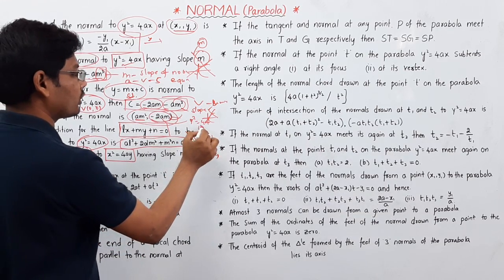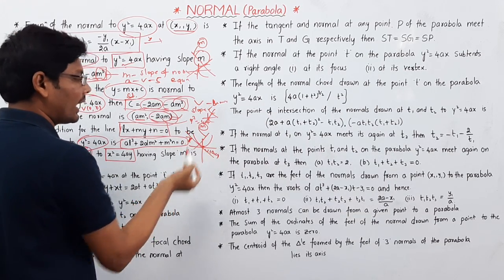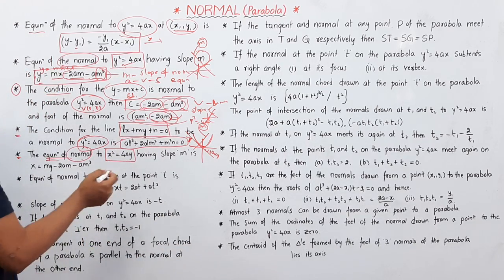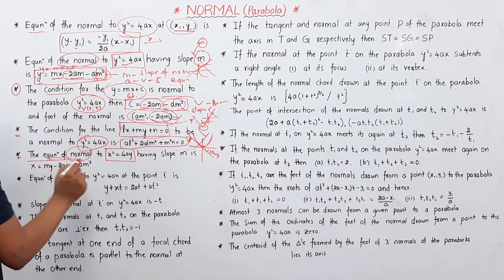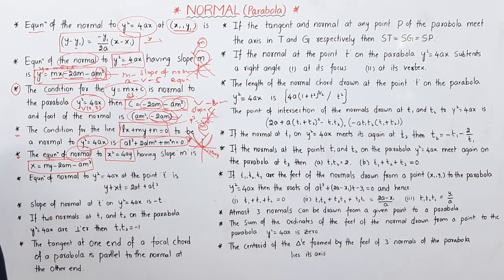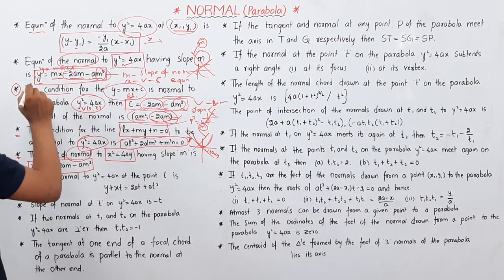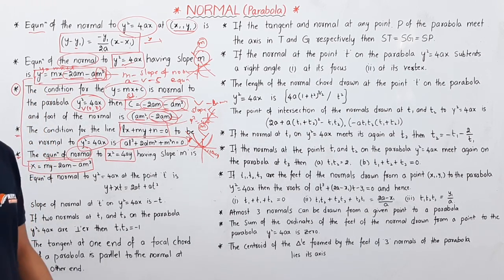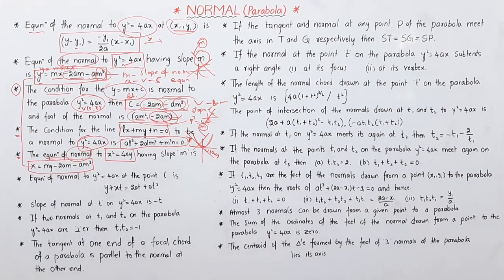If the slope of this normal and the parabola equation x square is equal to 4ay are given, then the condition is x equals m by minus 2am minus am cube. If you observe the second point and this point, just in place of x and y, they are replaced here. That's why we get this equation.